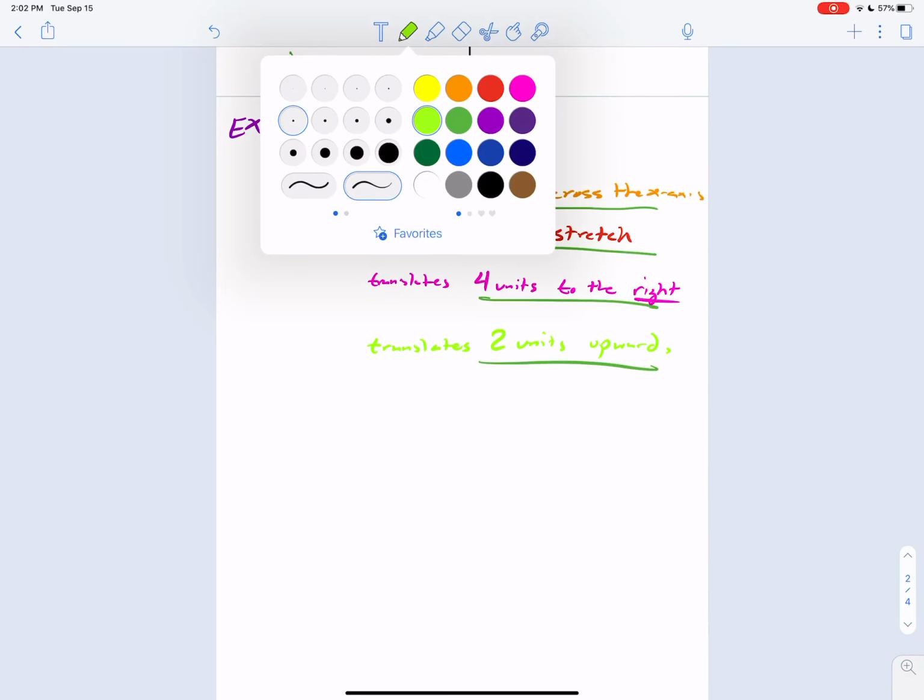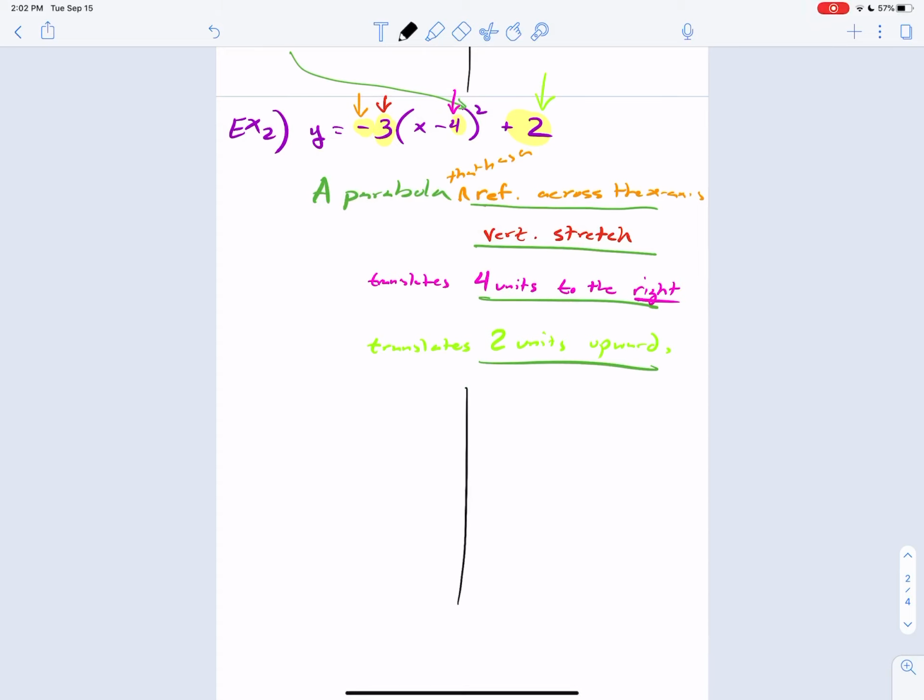Let's go ahead and sketch this. Here's the thing. Order of operations. Order of operations tells us to multiply and divide first before we add and subtract. So the thing is, you have to go in a particular order.